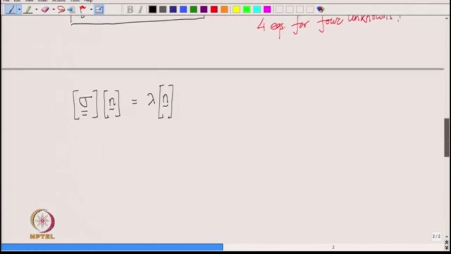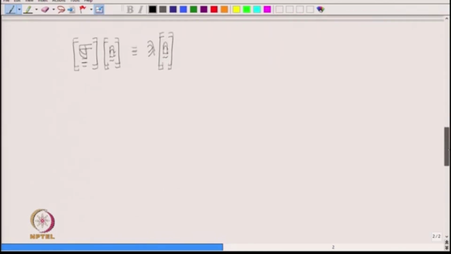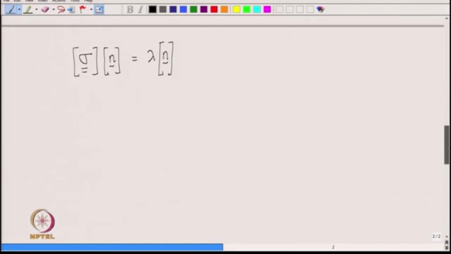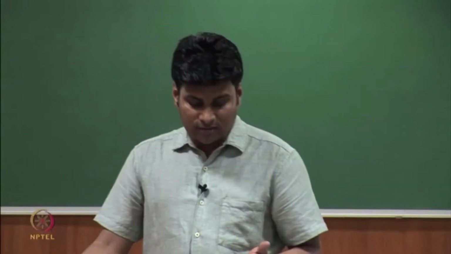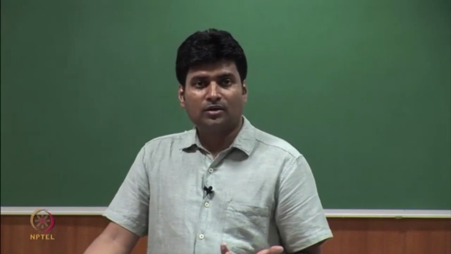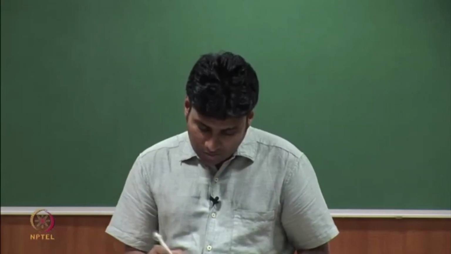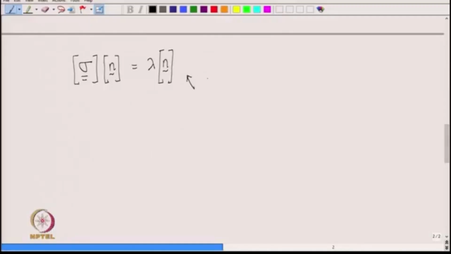So, the 3 equations are actually in this condensed form. And can you recognize what this equation is? So, for a matrix A, A x equal to lambda x, what is that equation? So, that is the eigenvalue eigenvector problem, right. So, it is now an eigenvalue eigenvector problem.